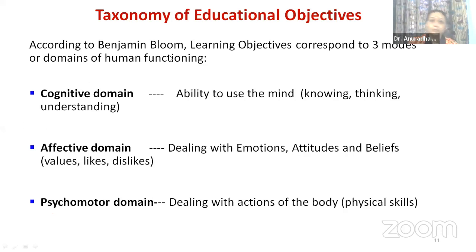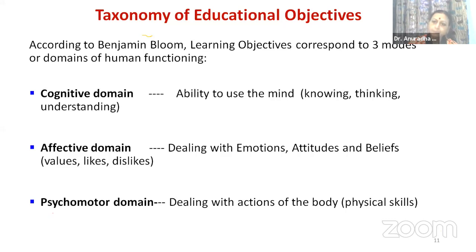Now, Benjamin Bloom, most of you must have heard about him. He was an educational psychologist who, in the 1950s, actually gave us a whole framework with respect to objectives and modes of functioning, human functioning. Bloom has been credited with something that we still today as educationists do adopt.